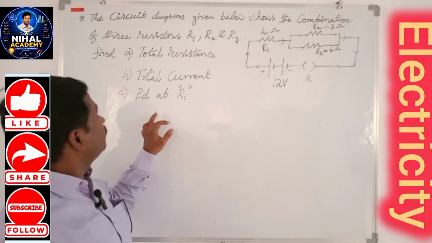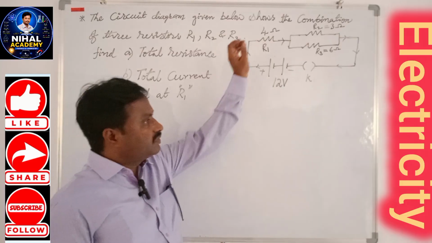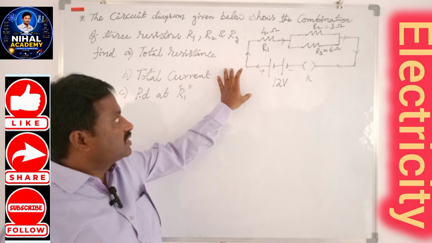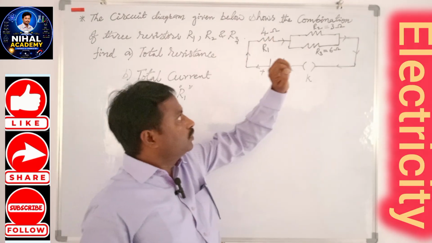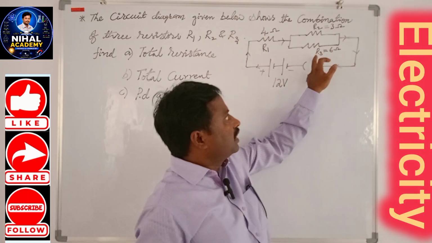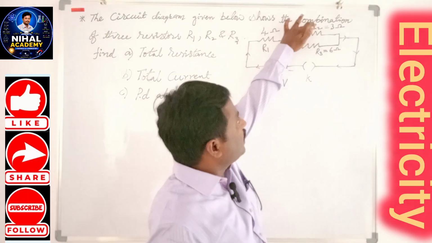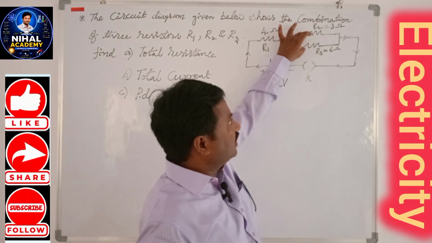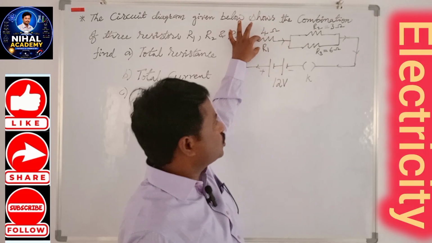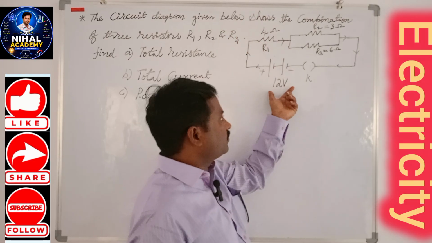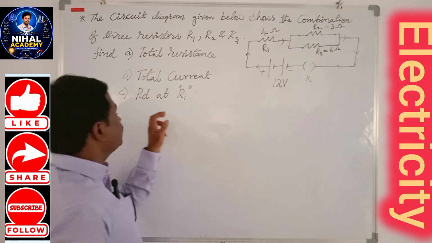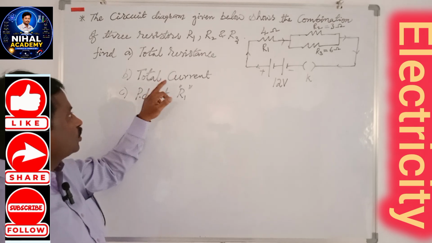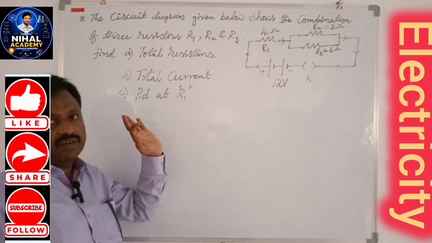Now we'll see the next problem. The circuit is given. R1 is equal to 4 ohm, R2 is equal to 3 ohm, R3 is equal to 6 ohm. Here R2, R3 are in parallel and they are connected in series to the R1, and the potential difference is 12 volt. He asked to calculate total resistance, total current and potential difference at R1.